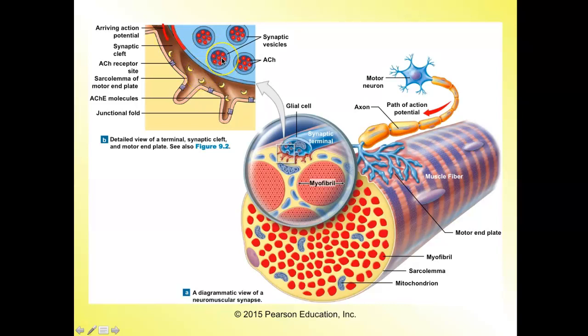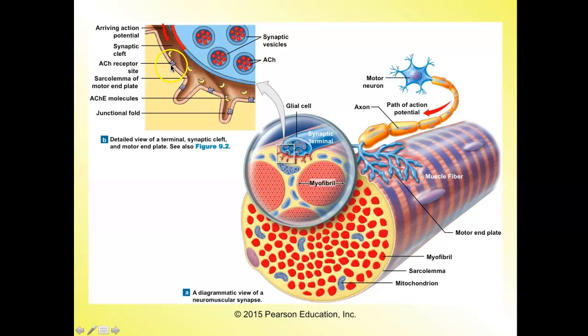By the way, let's pause here, the neurons never touch the cells that they're talking to. There's always a little gap or a cleft in between, and that space is where the neurotransmitters will be secreted, and that space is where they're also going to be broken down.